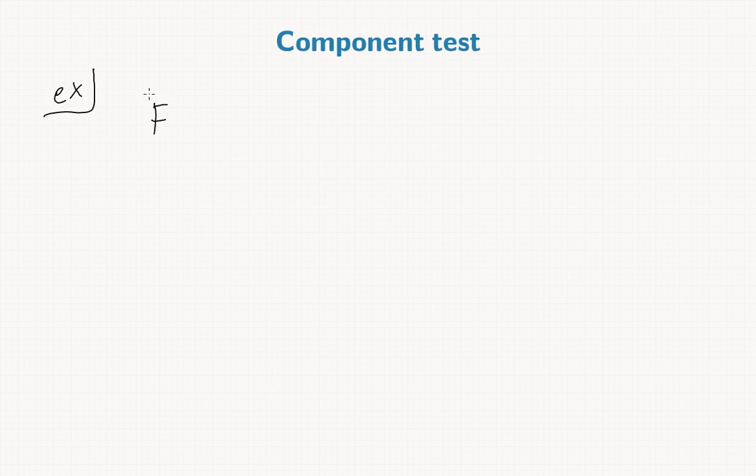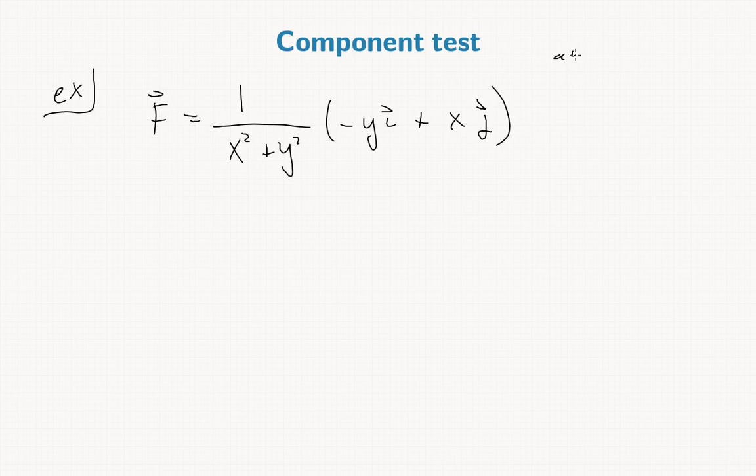We'll let F be 1 over x squared plus y squared times negative y i plus x j. Again, this is a form of an angular vector field. This angular vector field is not defined at the origin.